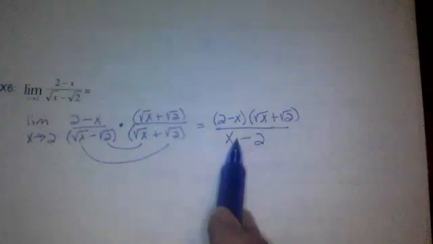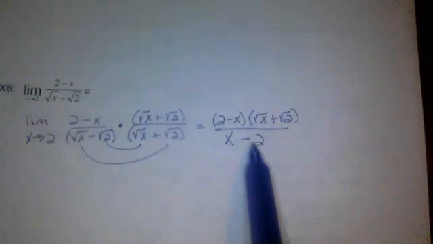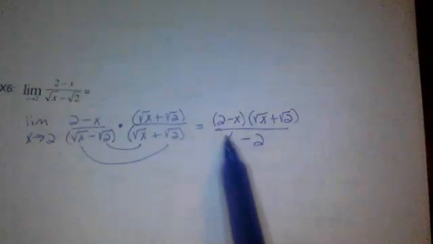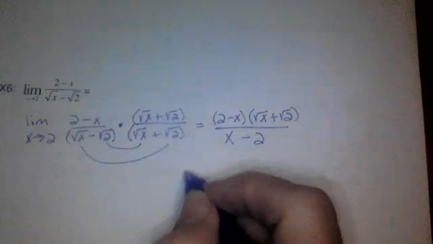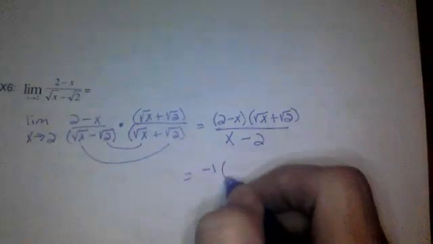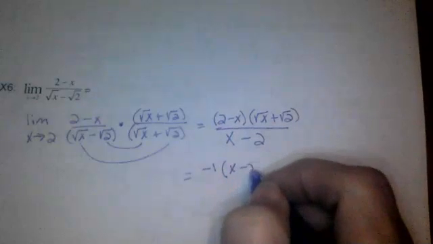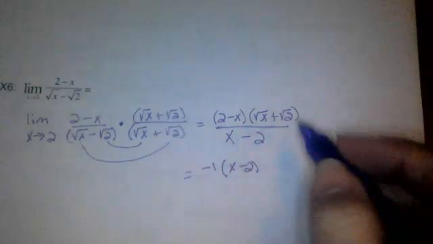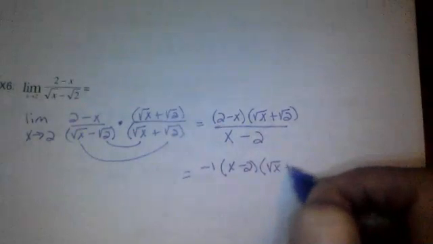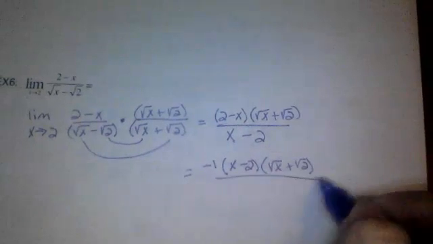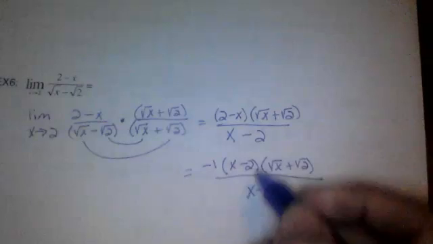We still can't plug in the 2, and we can't just cross these out because they are not exactly the same. But to make them the same, I can just pull a negative 1 out of this numerator. It would become x minus 2 instead of 2 minus x, times the square root of x plus the square root of 2, over x minus 2.